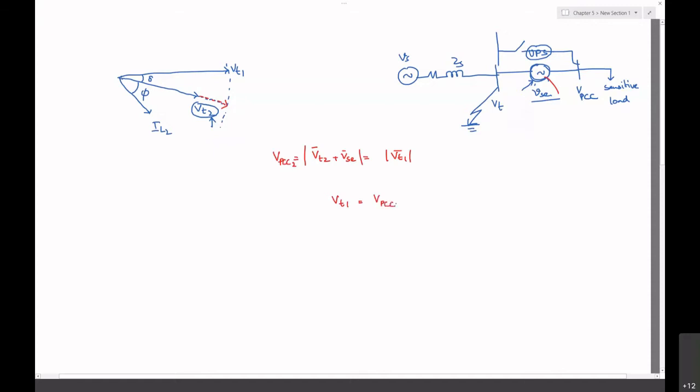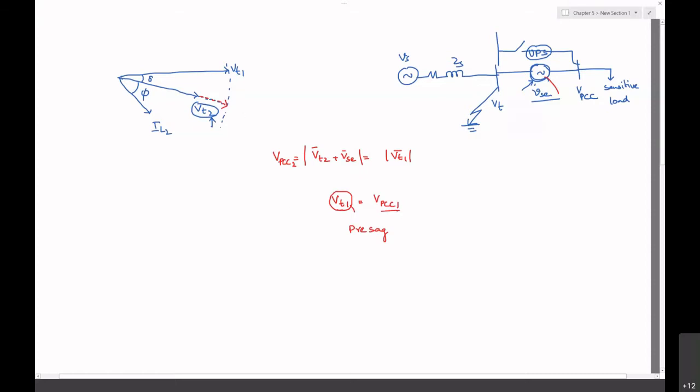When your system is idle, one is represented as the pre-sag condition, and at that point it is equivalent to the PCC voltage.